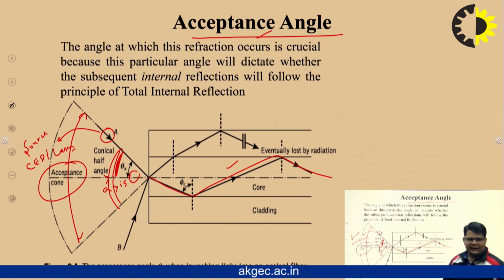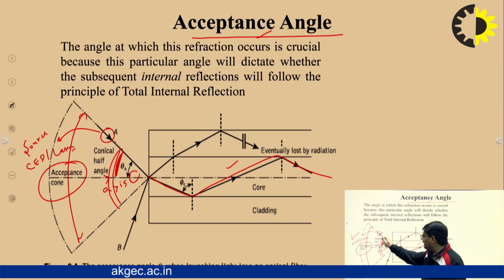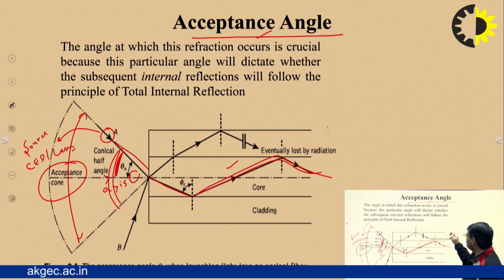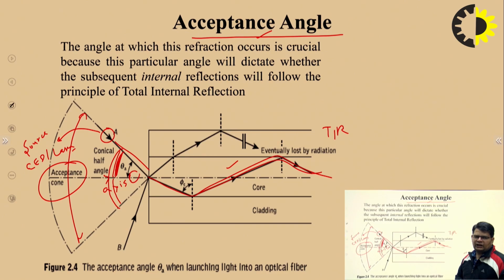This is the angle range within which if we place the optical source, then the light entering into the fiber will be such that inside the fiber the condition of TIR will be followed, and if the condition of TIR is fulfilled, then light will propagate.